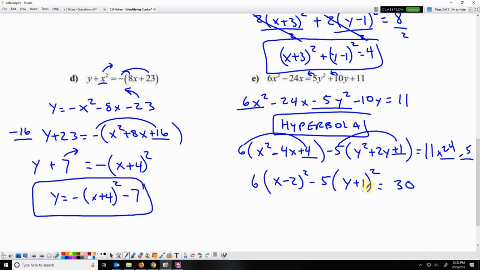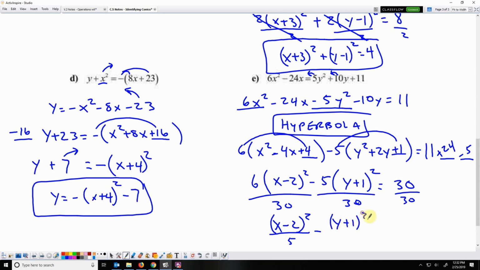Hyperbola, like an ellipse, has to be set equal to 1, so I need to divide every term by 30. 6 over 30 is 1/5, so that's x minus 2 squared over 5, minus 5 over 30 is 1/6, so y plus 1 squared over 6, and 30 over 30 is 1. So there's my standard form for that hyperbola.